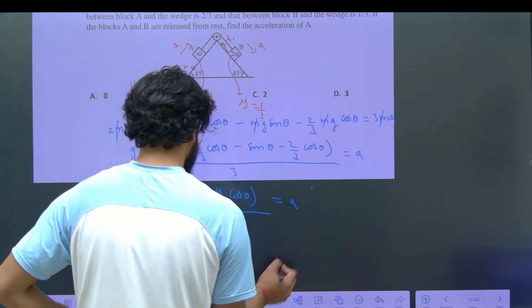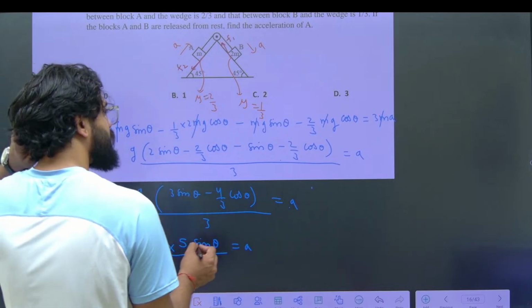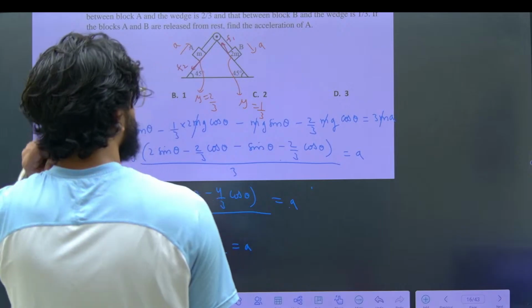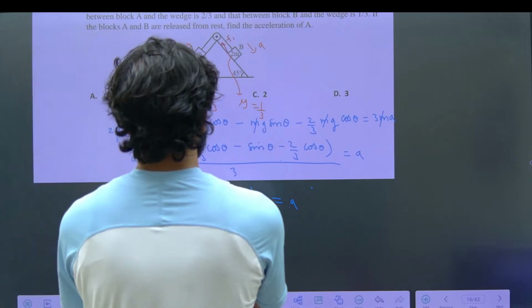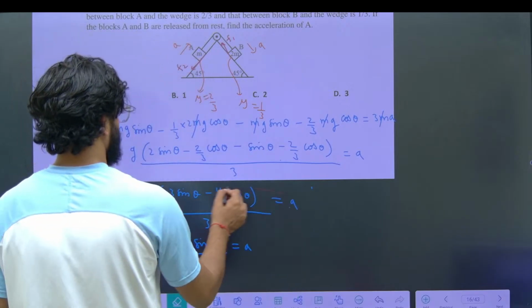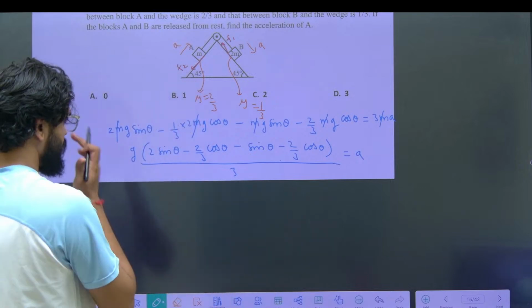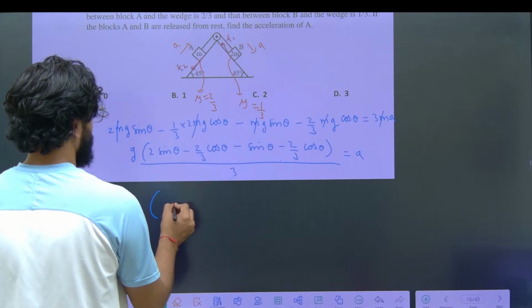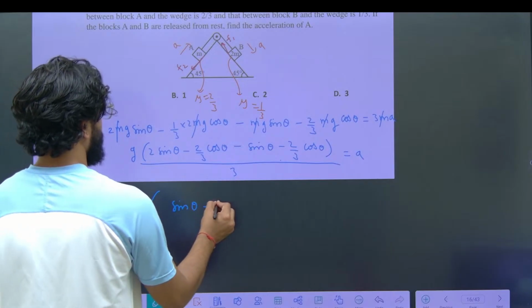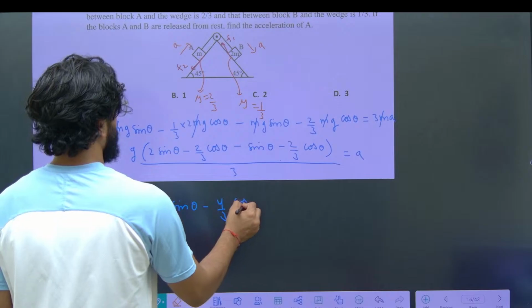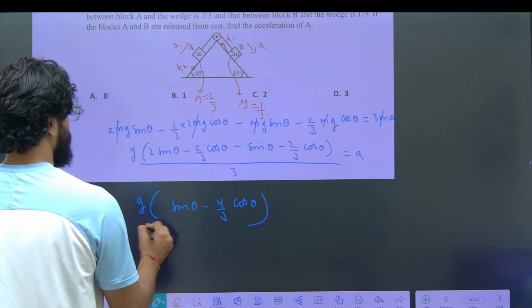So acceleration, is it coming out as positive or negative? I'm an idiot, I have lost my mind. 2 sin theta minus sin theta, so that is sin theta only. Sin theta minus 4 by 3 cos theta, into g by 3.